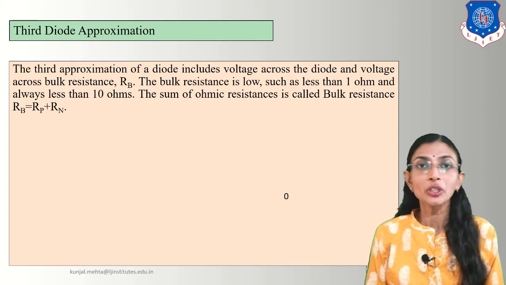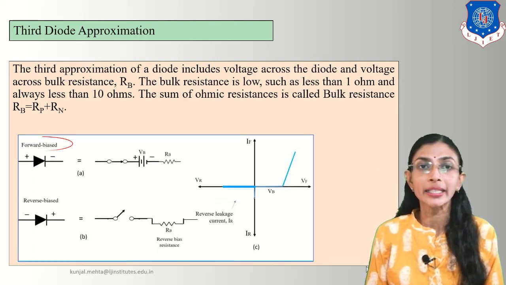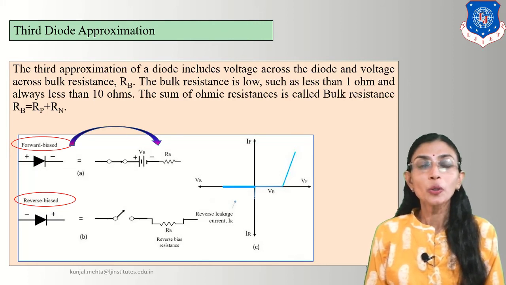So, let's continue with the diagram of the two cases. In case 1, that is forward bias, the battery connections are similar, and the second one is reverse bias. As we already know, in forward bias, the diode acts as a short circuit, and in reverse bias, the diode acts as an open switch.